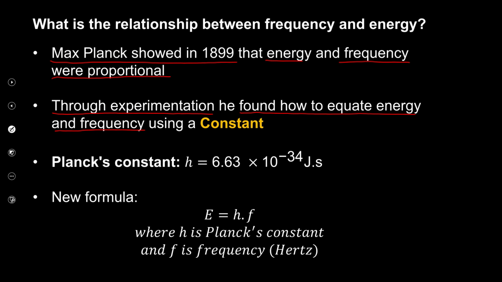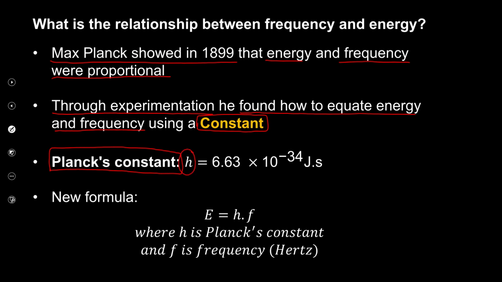To do this, he used a constant. Recall we mentioned the constant earlier. A constant is simply a variable in maths or physics that always has the same value no matter what. This constant is named after him and his research and its impacts on history, and it is called Planck's constant. It's a very small number, and it is given the symbol h.